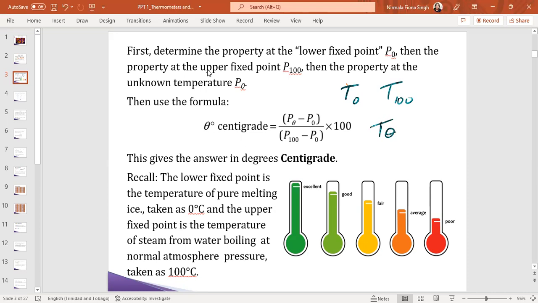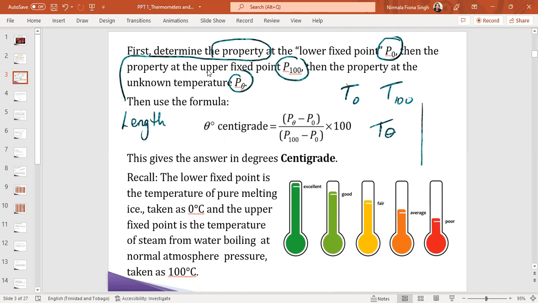So whenever you want to calibrate a thermometer, we use this formula and we look at the property. Now you see here, folks, the property P means a property that we're looking at. There are several properties that change linearly with temperature. One of them could be length. Length will be one of the properties that can change with temperature, because a liquid-in-glass thermometer, folks, is your regular thermometer that we have, just with a little thin strip of liquid contained in the thermometer.